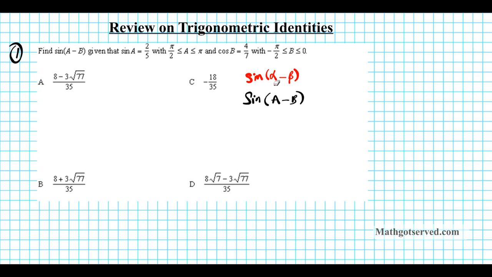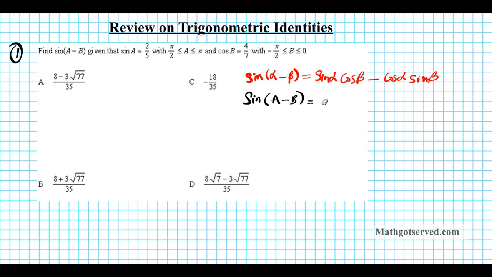So we're going to be using the difference identity for sine. The difference identity for sine is sine alpha cosine beta minus cosine alpha sine beta. Okay? So this is the difference identity for sine. Let's apply it to this formula right here.